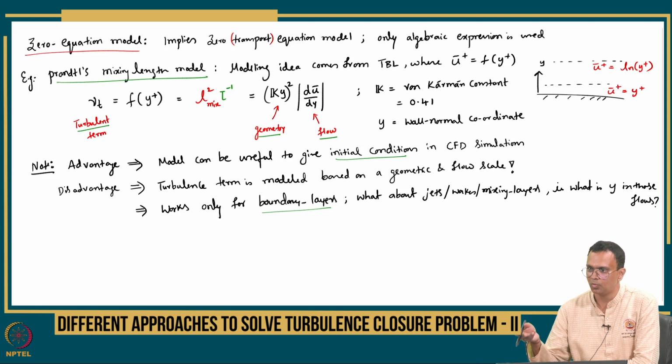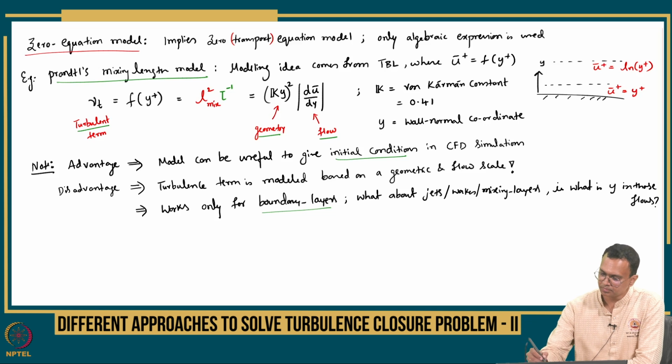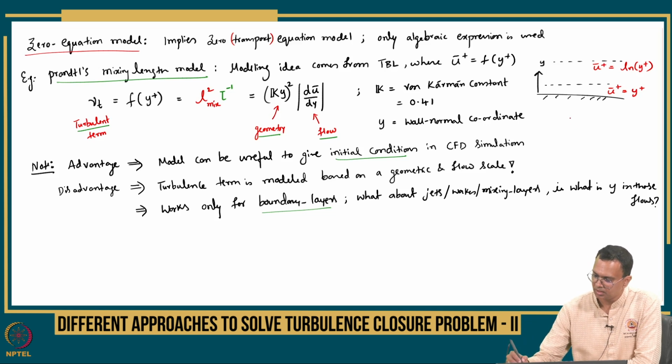So on the wall, what happens at y equal to 0? You need to see what happens to this nu t value. According to the model, nu t exactly has to be 0, right? So at y equal to 0, nu t has to be 0, right?